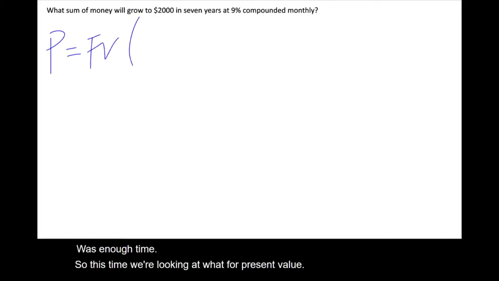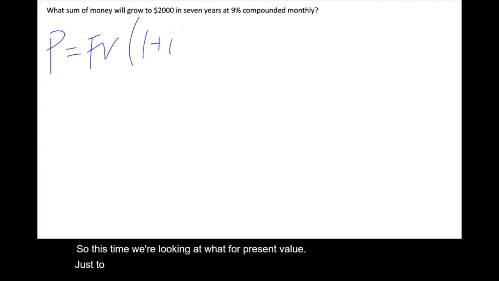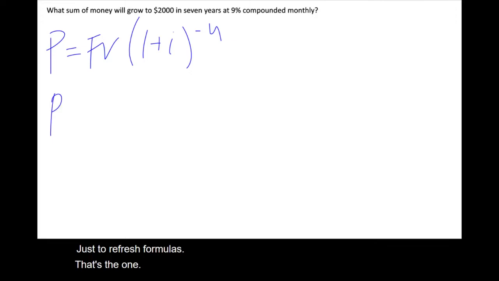Okay, I think there's enough time. So this time we're looking for present value. Just to refresh formulas, that's the one. So present value, actually it's PV.